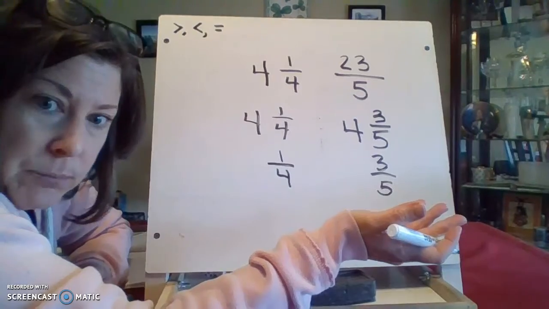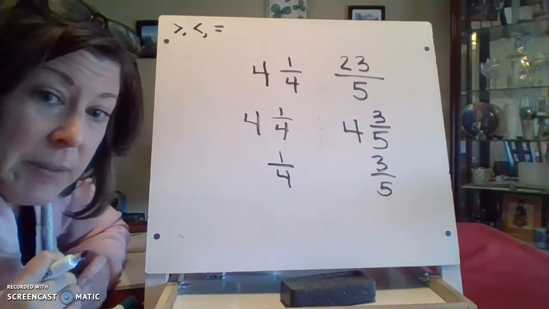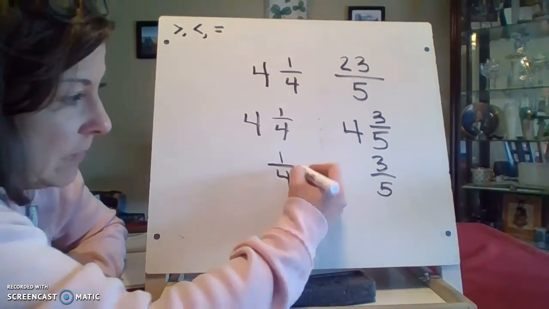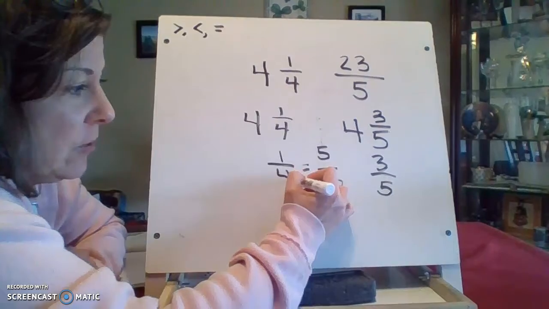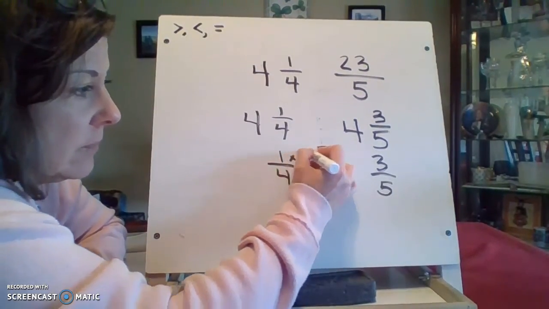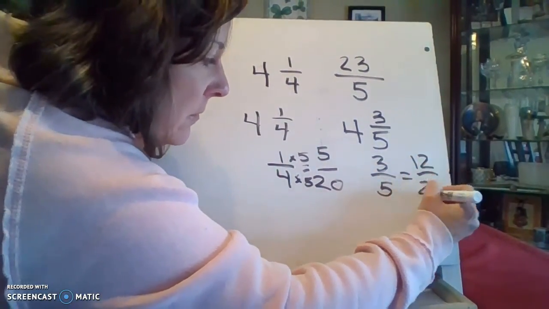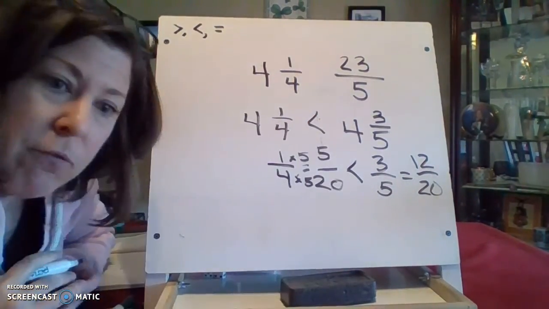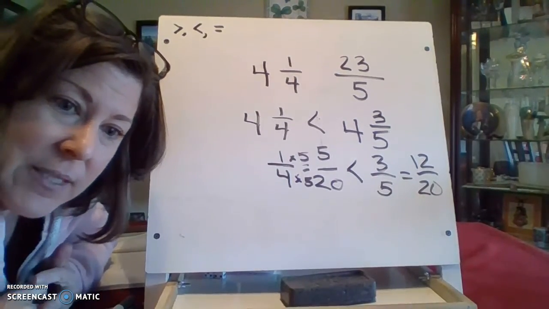However, I'm going to prove that, and I'm going to rewrite the fractions with common units. What's the common unit for 4 and 5? 20. 1/4 equals 5/20. 3/5 equals 12/20. So 4 1/4 is less than 4 3/5.